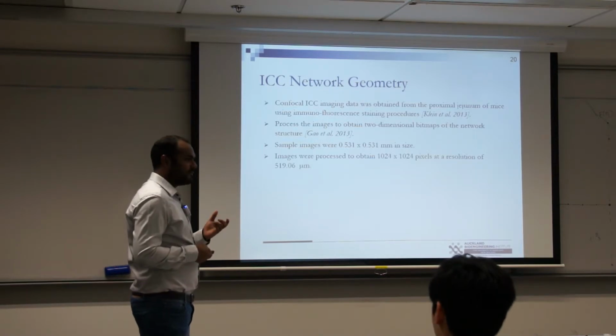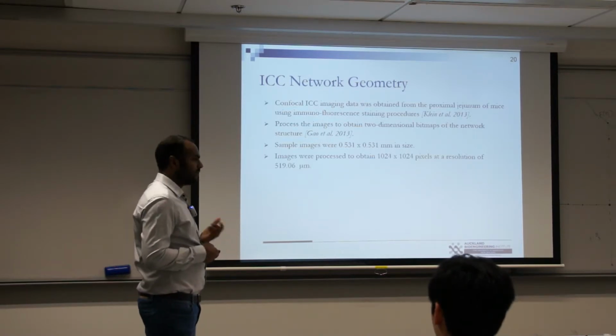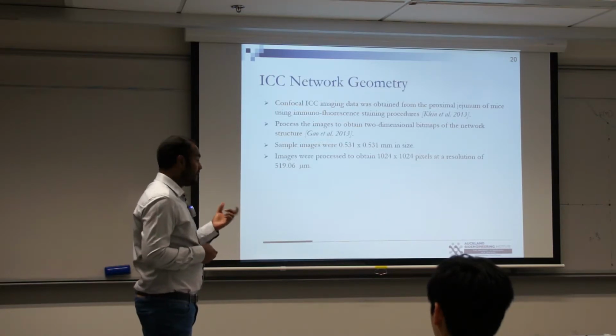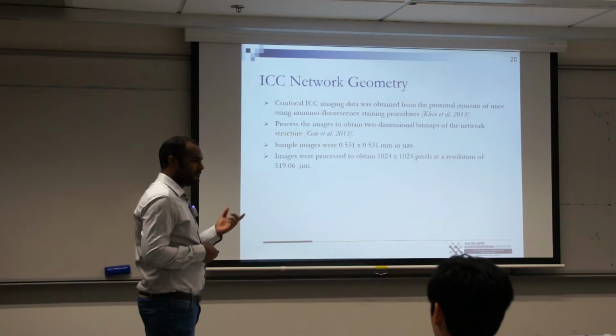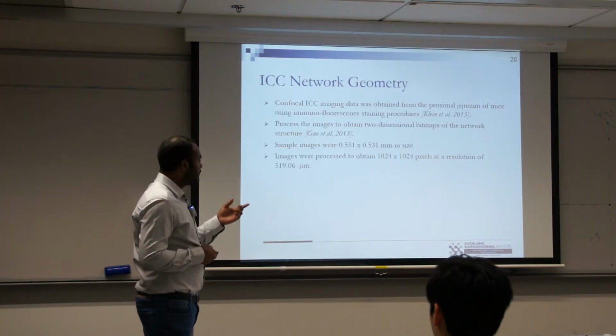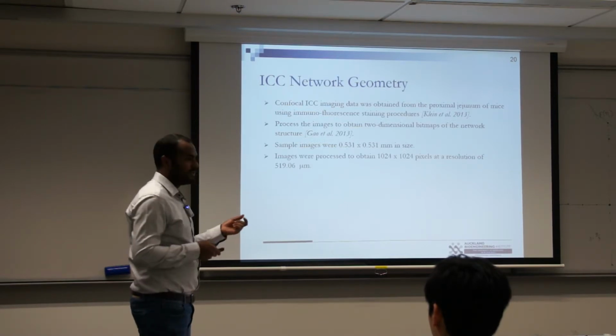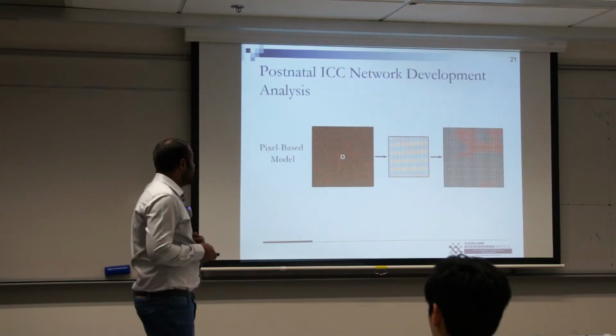So we obtained the images, and we converted them to a two-dimensional bitmap. We sampled the images. The images were around 0.5 millimeter by 0.5 millimeter in size, very small, and they were sampled to 1024 pixels by 1024 pixels at a resolution of 519 micrometers, which is very, very small.